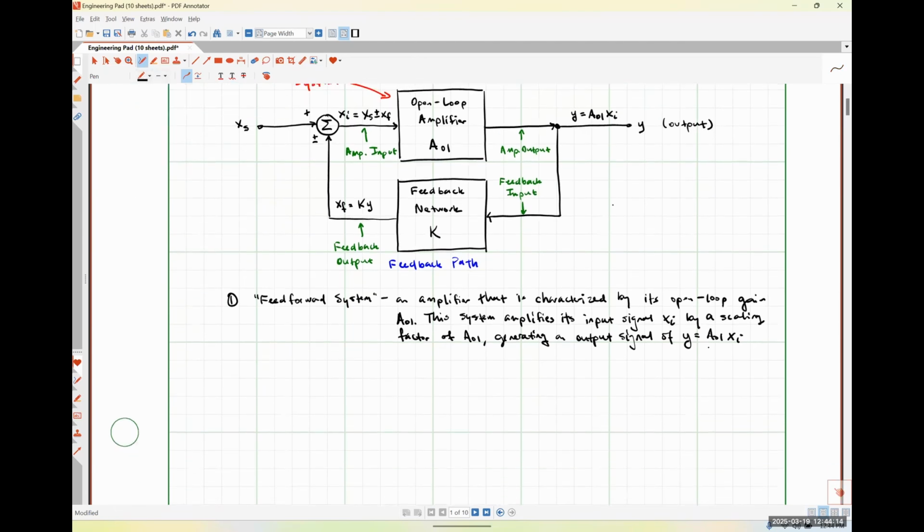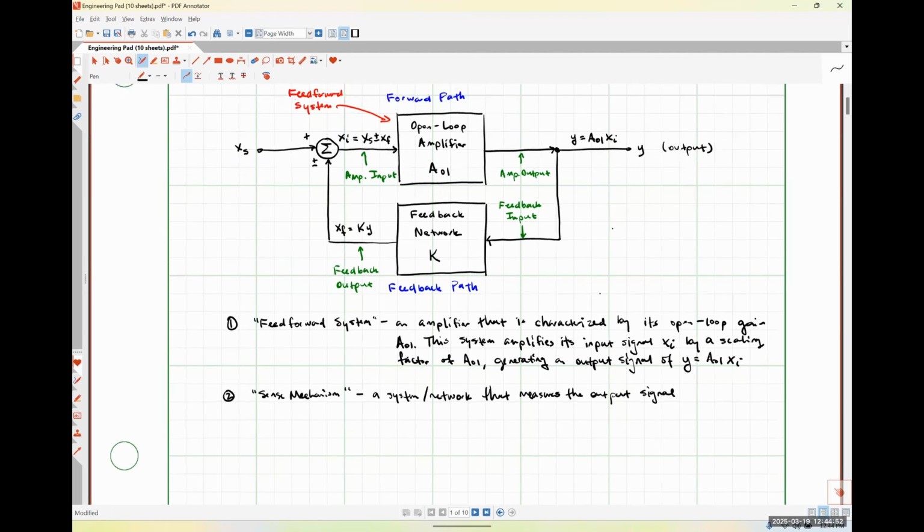The next important part of our feedback system is going to be a sense mechanism. The sense mechanism is simply a system or network that measures the output signal.